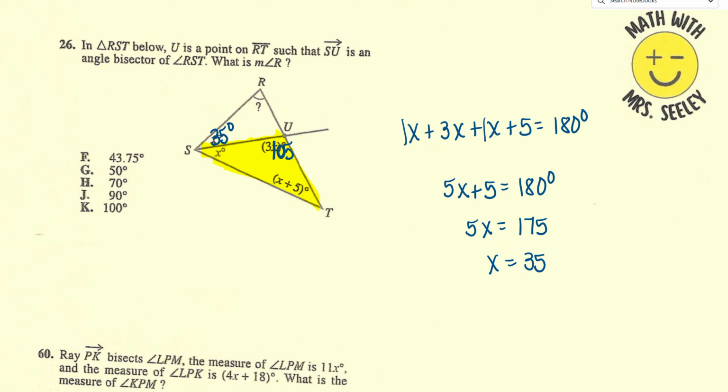So if that angle is 105, remember how they sit on a line together? If that's 105, subtract from 180, and that's 75. Then use the fact that this triangle is also 180 degrees. So take 180 minus 35 minus 75, and I'll get that that angle is 70 degrees.